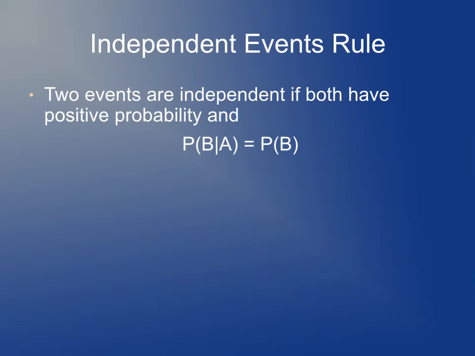And the rule on this slide shows that this isn't a coincidence: two events are independent if both have positive probability and the probability of B given A is just equal to the probability of B. In other words, knowing that A has happened doesn't tell you anything about the probability of B, which is the definition of independence.